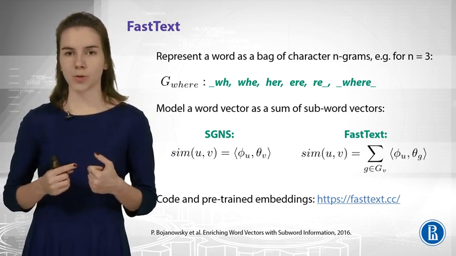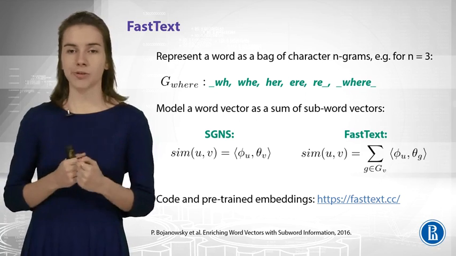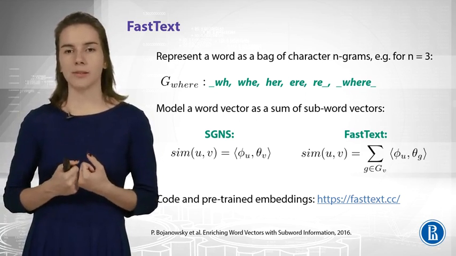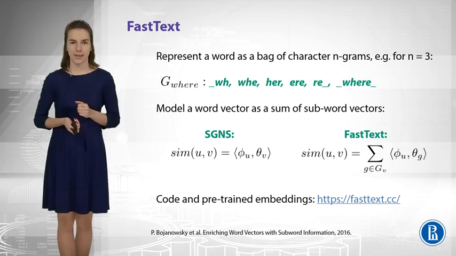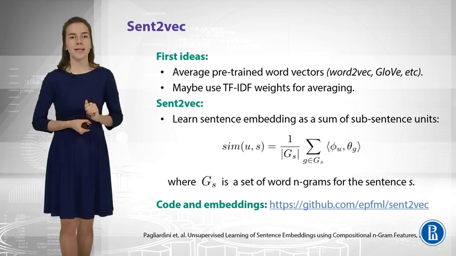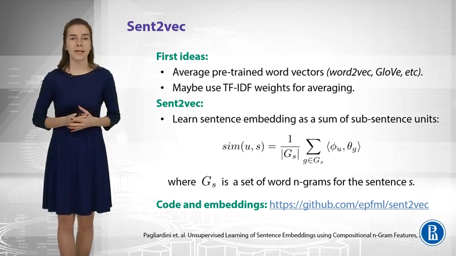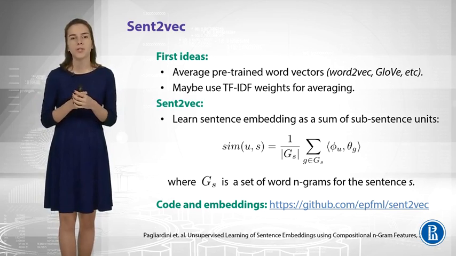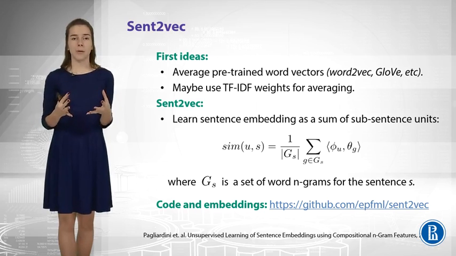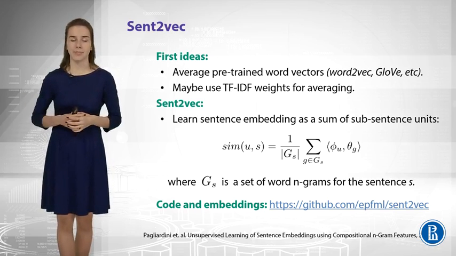Now, what if we need to go to another level and to represent sentences? Do you have any ideas how to build sentence embeddings? There are some ideas summarized in this slide. So the simpler ideas would be, what if we just take the pre-trained vectors, let's say from the word2vec model, and average them to obtain the embedding of the sentence?